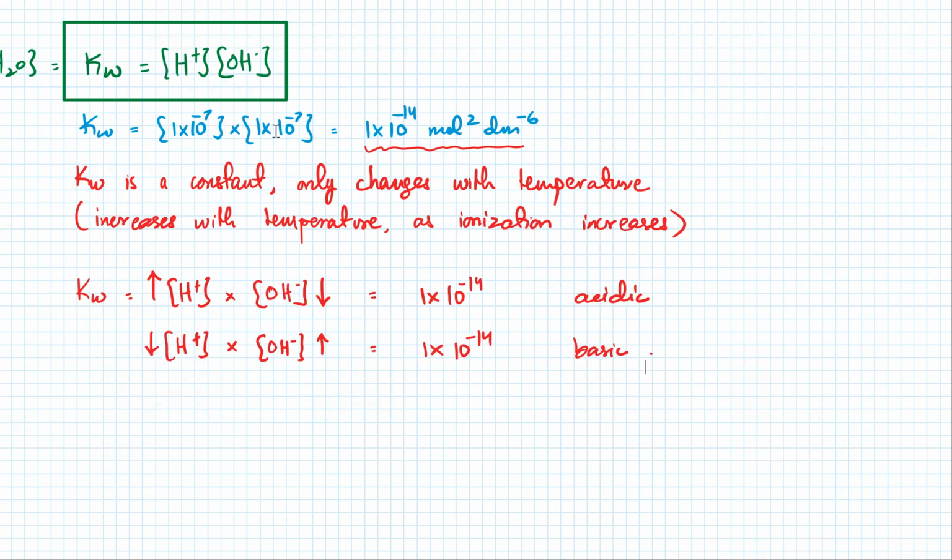The idea is that your Kw does not change, no matter what type of water you have. You've got blood, stomach acid, water anywhere, and the Kw remains exactly the same. H+1 goes up, OH ion goes down, but the product remains the same. And H+1 goes down, OH ion goes up, product still remains the same. Also remember the two of them are not going to go up together. It's either acidic, so H+1 goes up and the quantity of OH ions decreases, or vice versa. One goes up, the other goes down. Okay, is this clear?